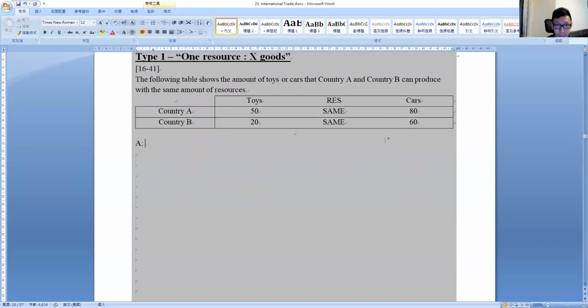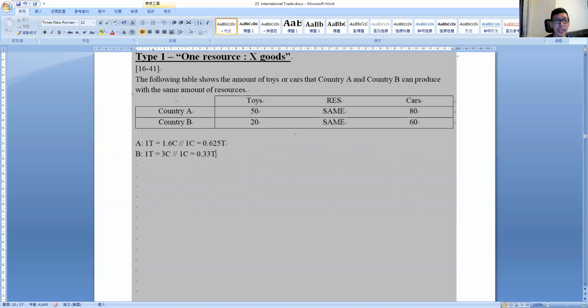For country A, 1T equals 1.6C, or 1C equals this amount of T. For country B, 1T equals 3C, or 1C equals 0.33T.